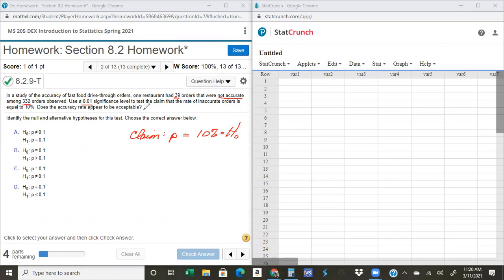Now, it doesn't say anything about suggesting that it's more than 10% or less than 10%. That means that the alternative hypothesis is going to be that P is not equal to 10%. So what we have here is a two-tailed test.